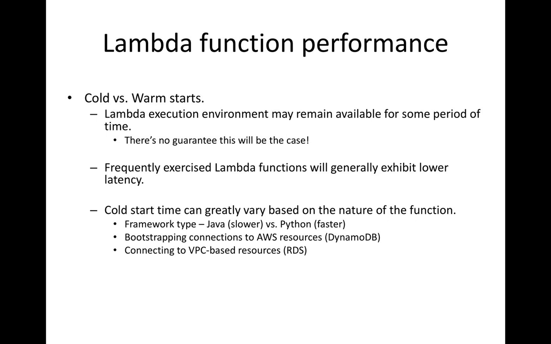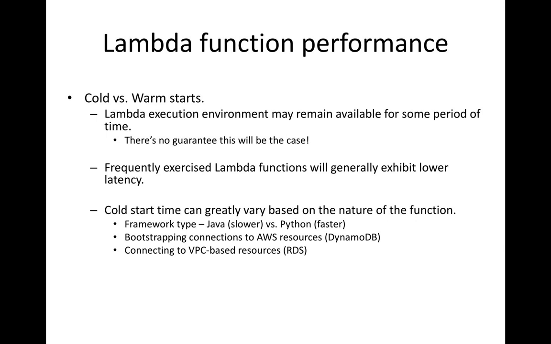The cold start time, the time that it takes to create the container execution environment and bootstrap that environment, can vary greatly depending on the nature of the function. So if you create a function and write it in Java, that cold start time is going to be significantly slower than Python. And the reason is because in a Java environment, you have to bootstrap the creation of the Java virtual machine.